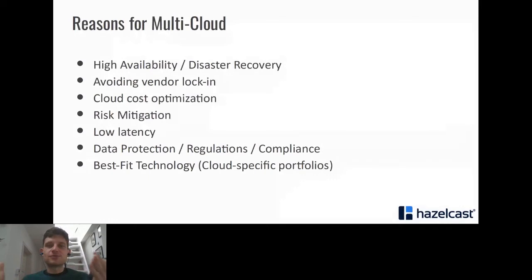You're also in a better position for cloud cost negotiation or optimization, because the price for AWS paid by a big enterprise is not the same as the price you pay personally. So you are better positioned to negotiate.